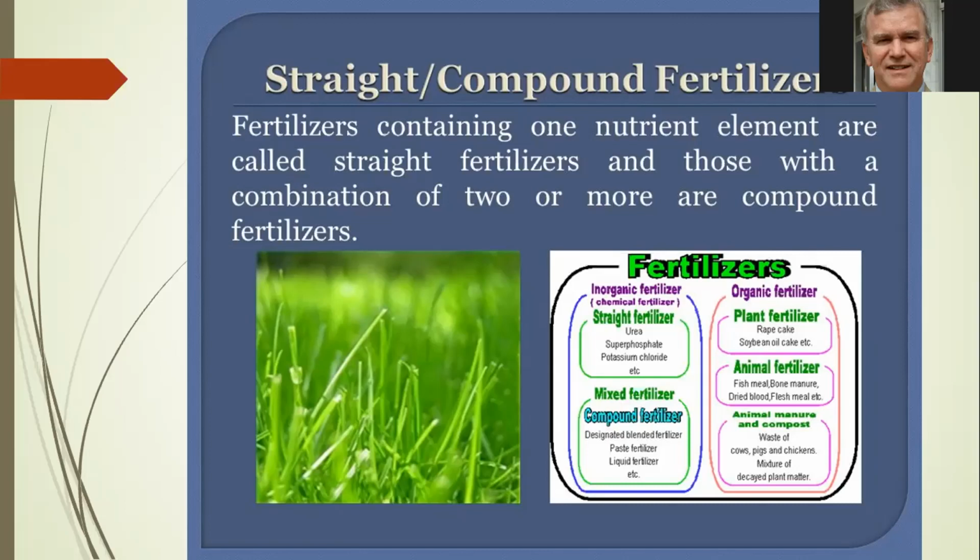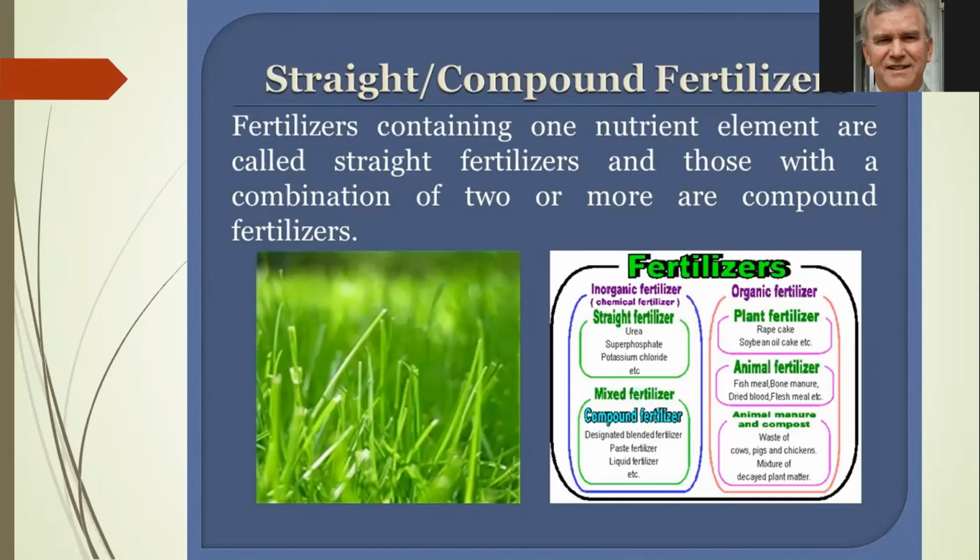On the right-hand side, you see organic fertilizers. These organic fertilizers are virtually always compound fertilizers. They're in combination. So you have many examples of that. Fish meal, bone meal, green manures of different kinds. You can have alfalfa meal, blood, fish meal, as mentioned.